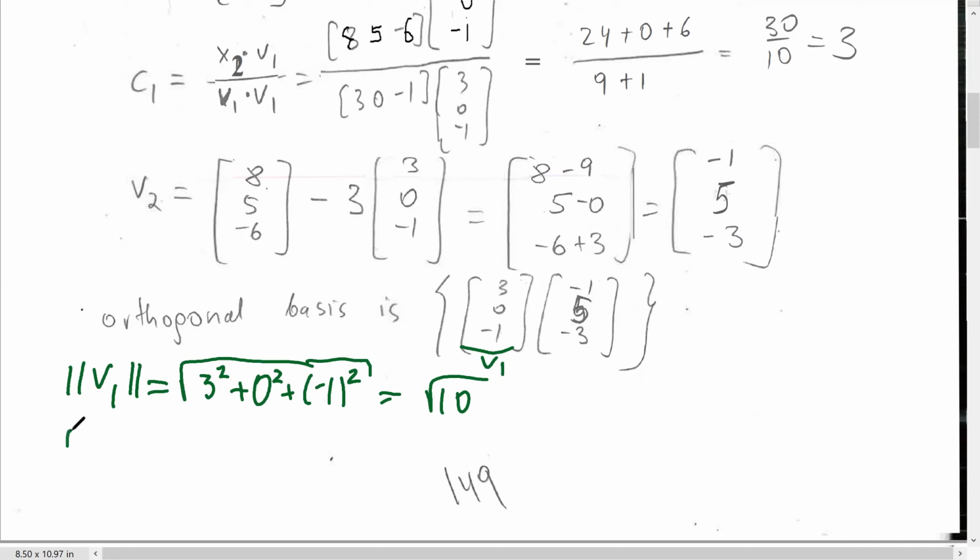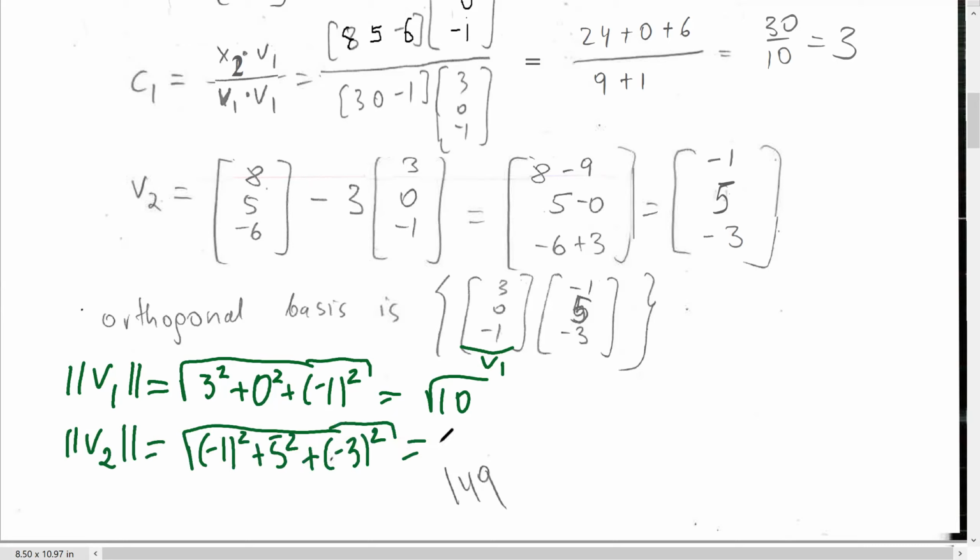And then the norm of v2 would be the square root of minus 1 squared plus 5 squared plus minus 3 squared. In this case, 1 plus 25 is 26, plus 9 is 34, if I didn't mess up the calculation.